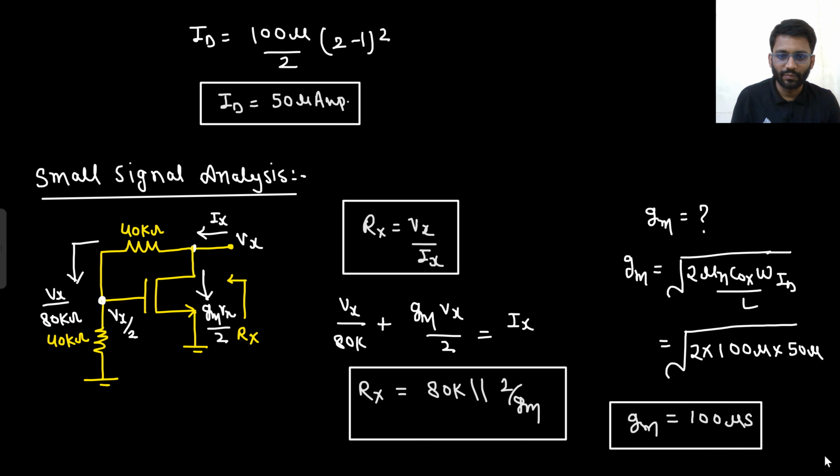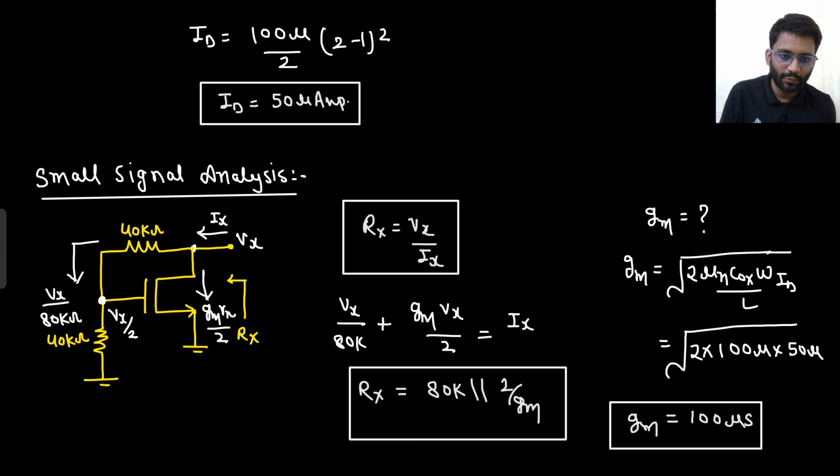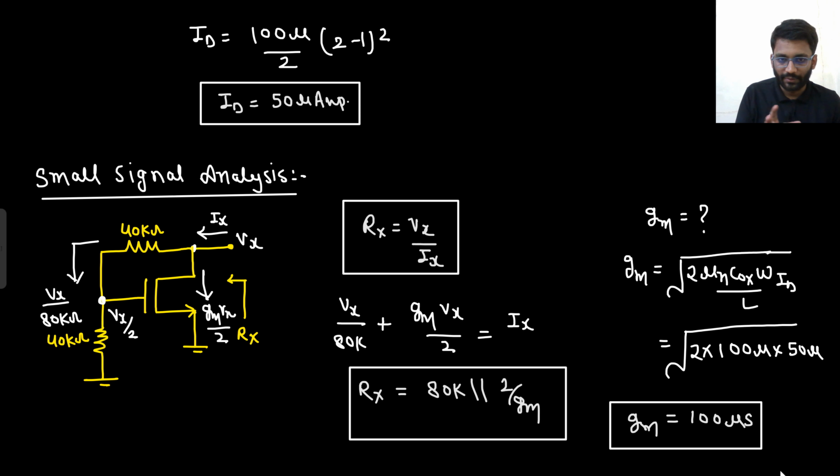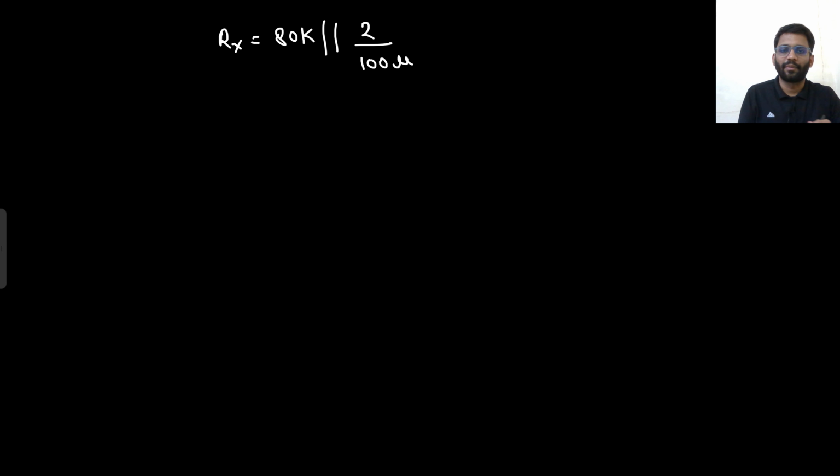So what will be your Rx now? Rx will be 80K parallel with 2 by 100 micro. 2 by 100 micro, right? Well and good. 100 micro means 10 to the power minus 4.